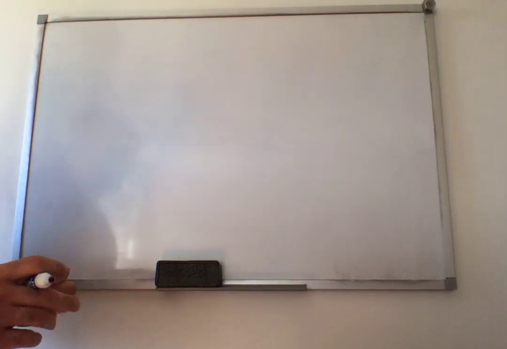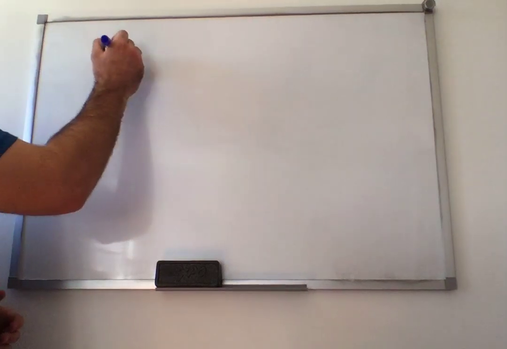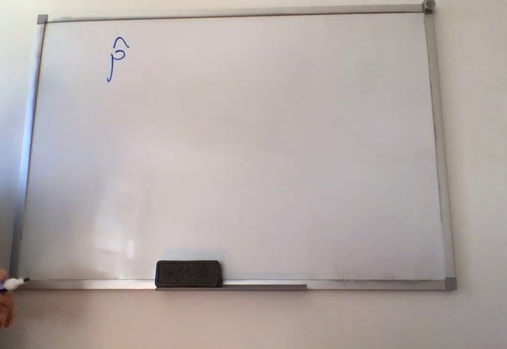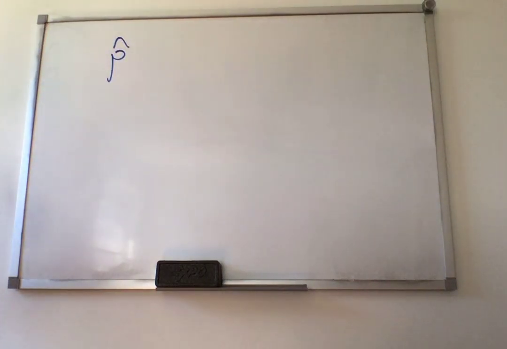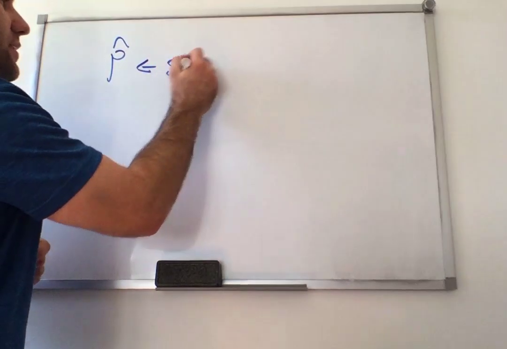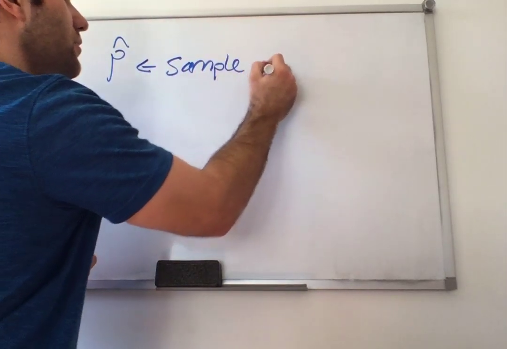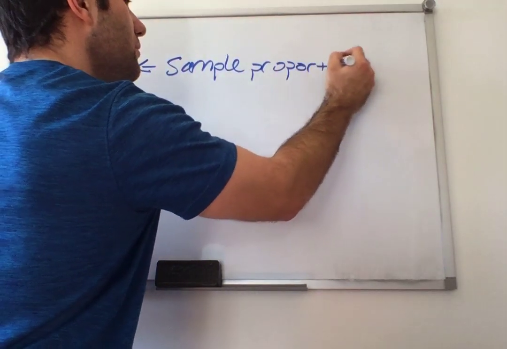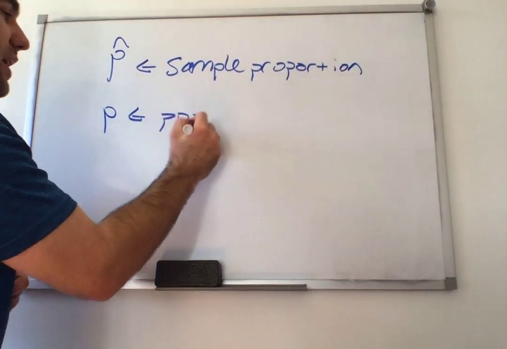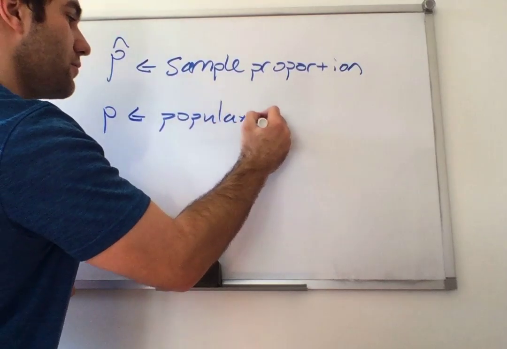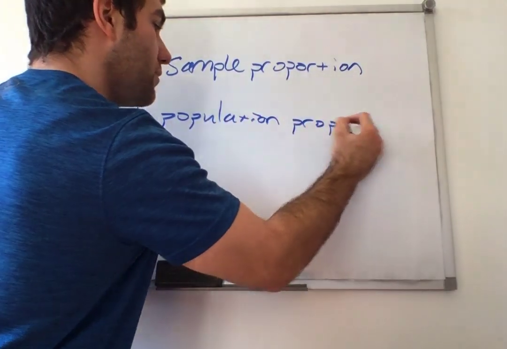Now, what we can do for these problems is a lot of the time we have to find our proportion, okay? Our proportion here is going to be a sample proportion p hat. Remember this is the sample proportion, and then just plain old p is the population proportion.